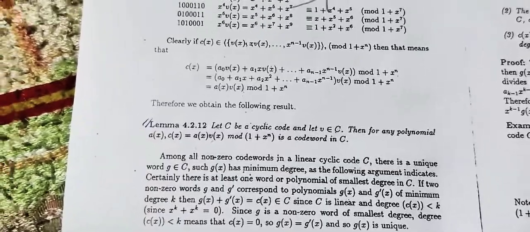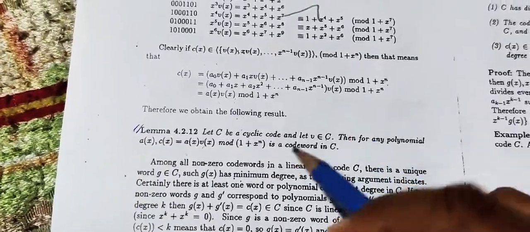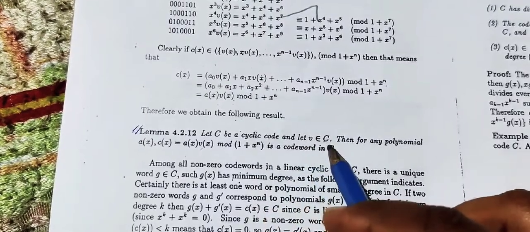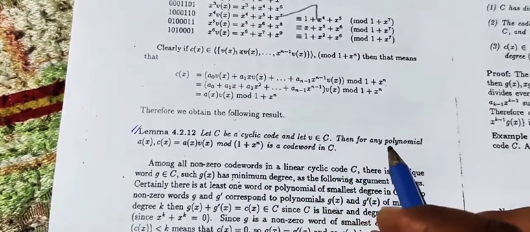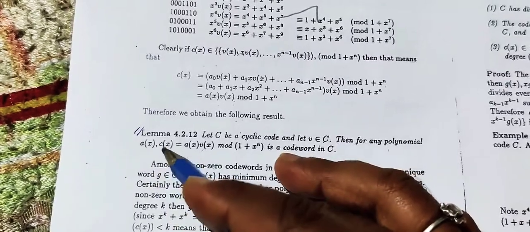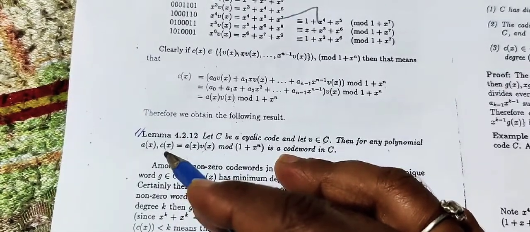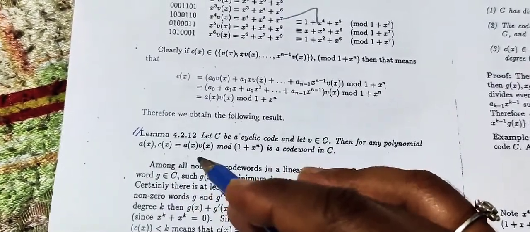And this example is a lemma to consider. The lemma is: let C be a cyclic code and let v belong to C. Then for any polynomial a of x, c of x is equal to a of x into v of x modulo 1 plus x raised to n.